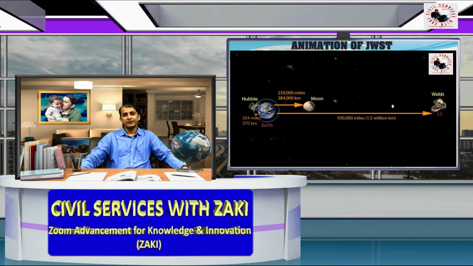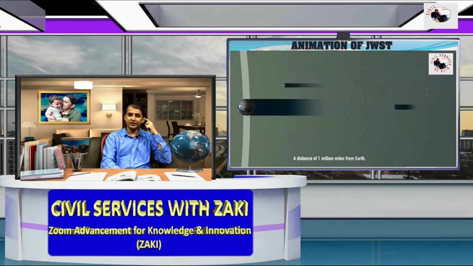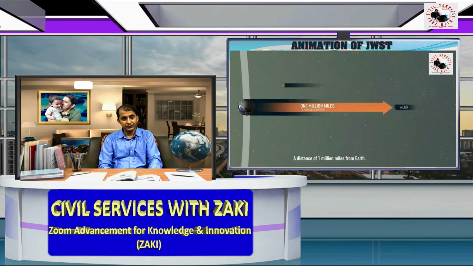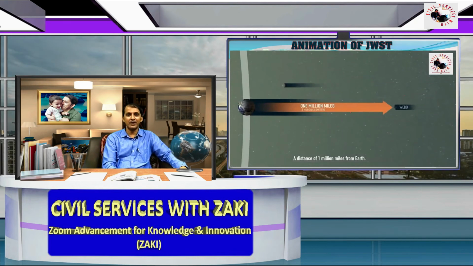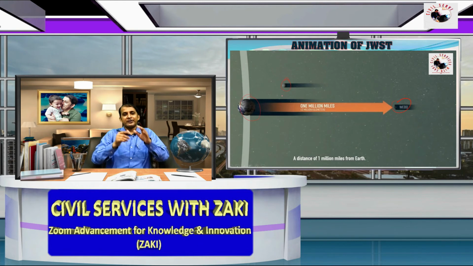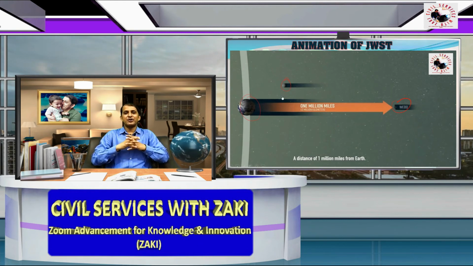It is situated at the L2 point, 1 million miles or 1.5 million kilometers from the Earth. Here is the James Webb telescope, here your Moon, here your Earth. So that's all about the animation of the James Webb Space Telescope.